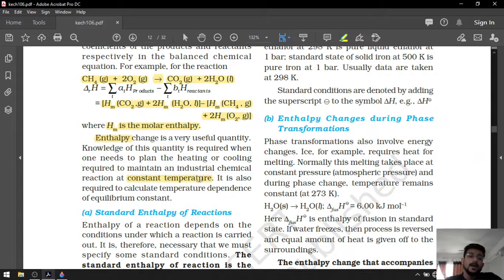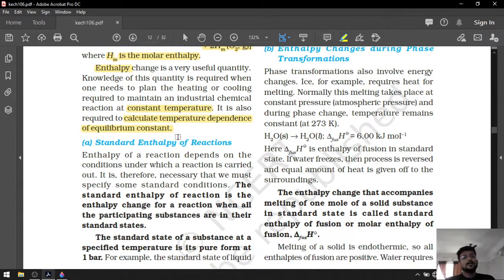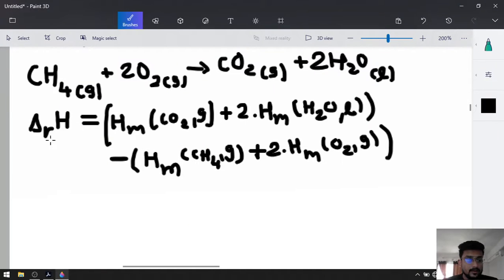It is also required to calculate the temperature dependence of the equilibrium constant. This topic is for the 7th chapter, so we are going to discuss that in detail in the next chapter. After that, standard enthalpy of the reactions. First of all, this is not a standard value because they have not mentioned the temperature and pressure here.